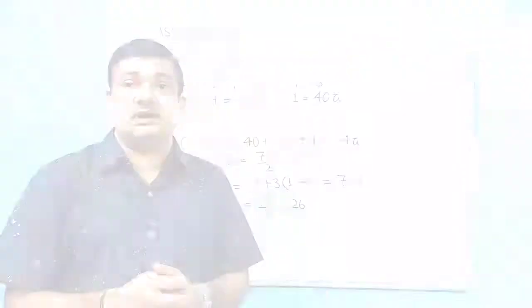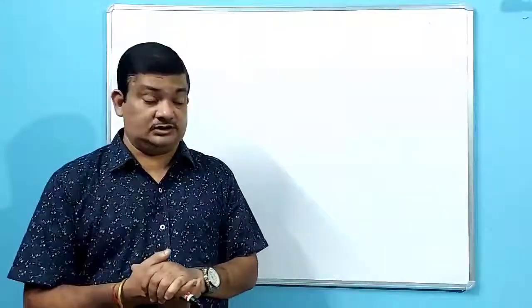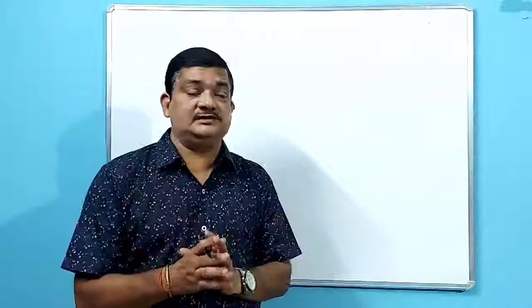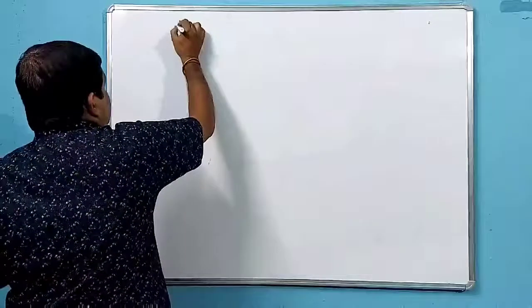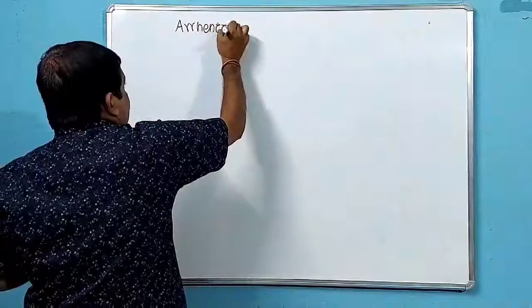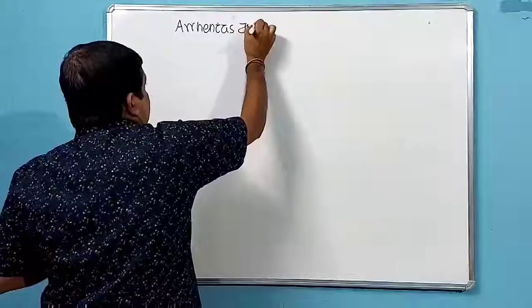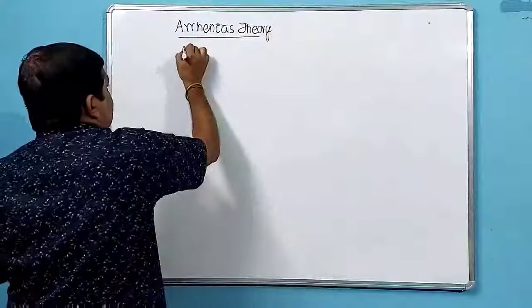Let us first know what a salt is. Students will now learn what a salt is. I have told you, as per the Arrhenius theory of acid and base, what is an acid?